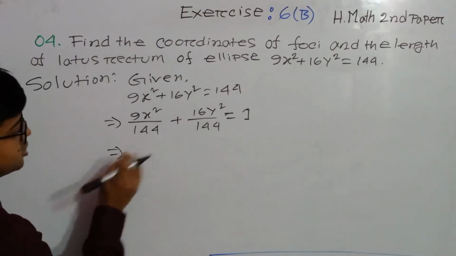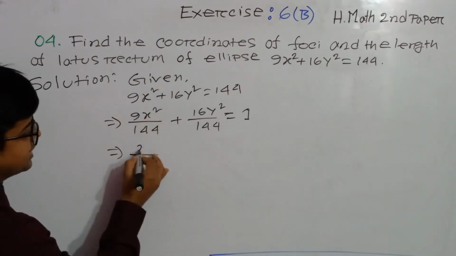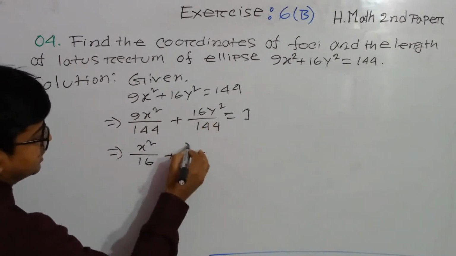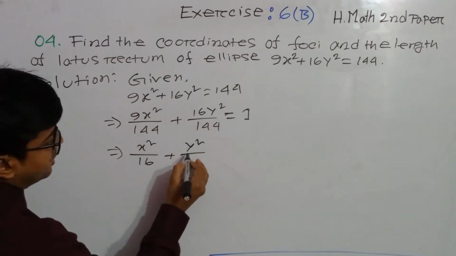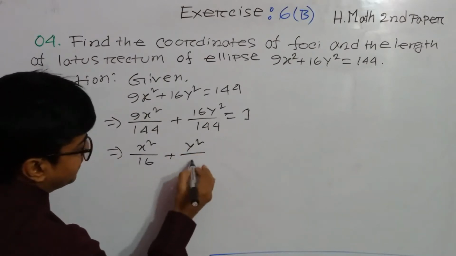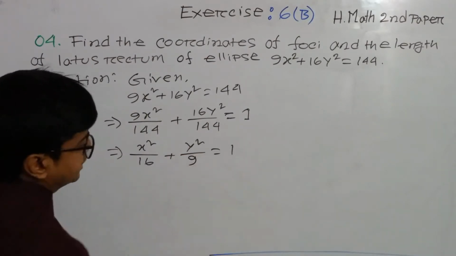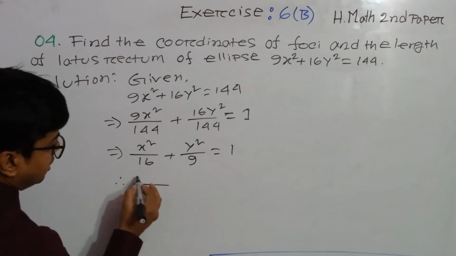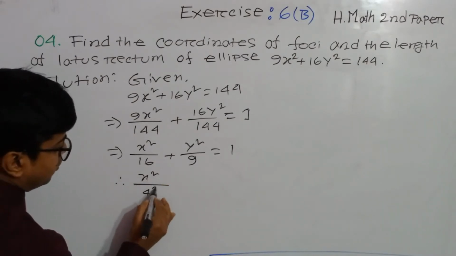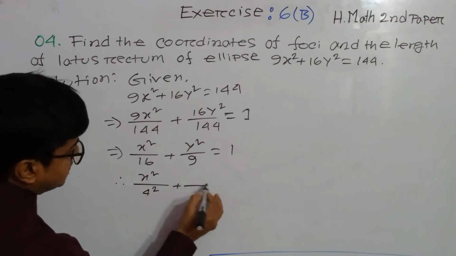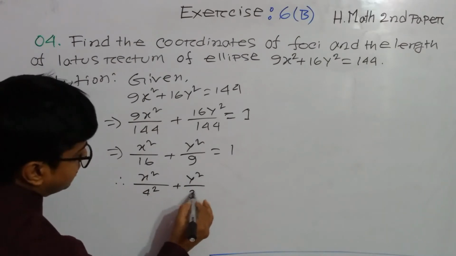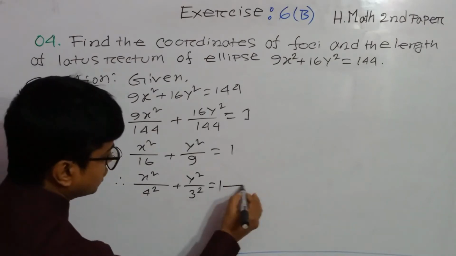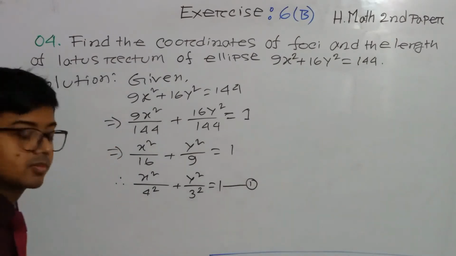After calculation, it will be x square by 16 plus y square by 9 equals 1. So we can write x square by 4 square plus y square by 3 square equals 1, which is equation number 1.